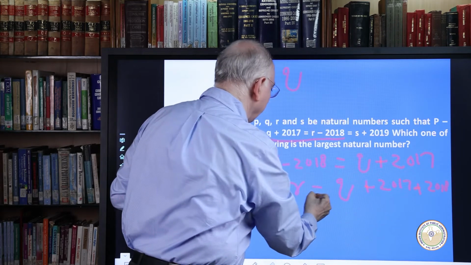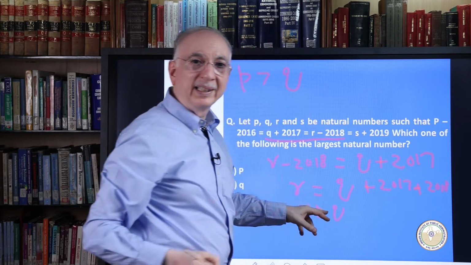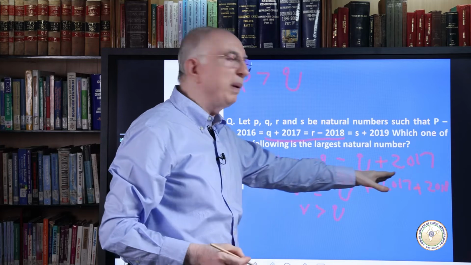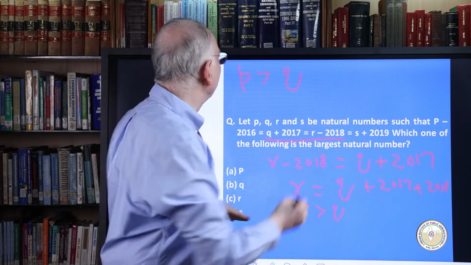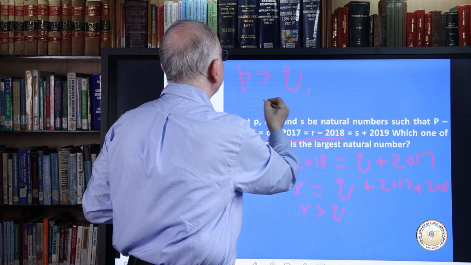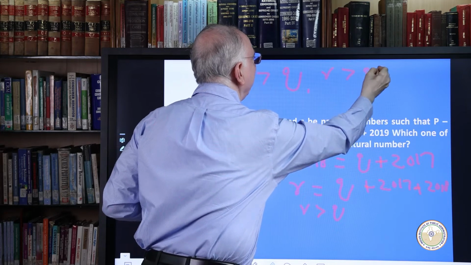That means R is greater than Q. That we have seen, because R is equal to Q plus something which is a positive quantity, therefore R has to be greater than Q. So let us write R is greater than Q. So we have obtained like this.